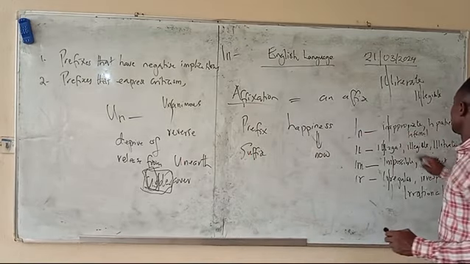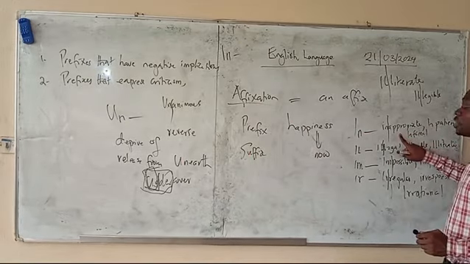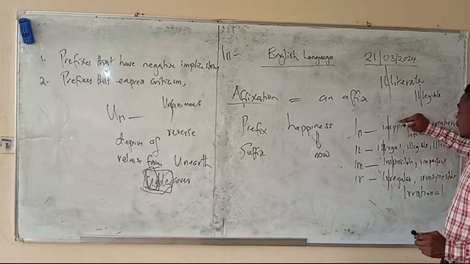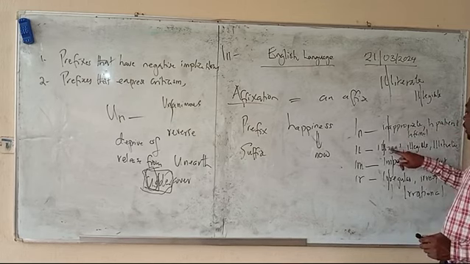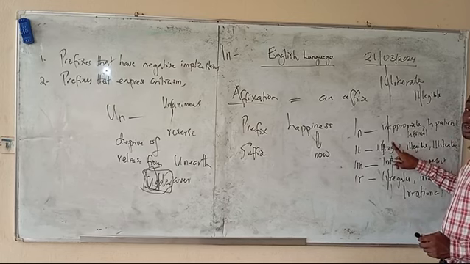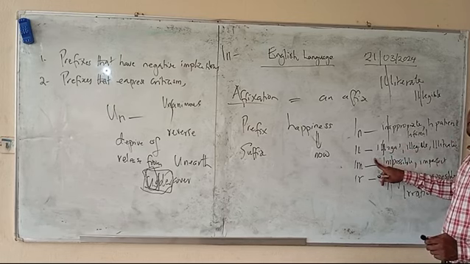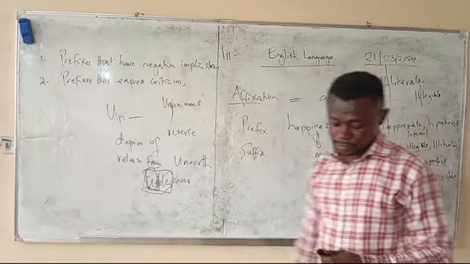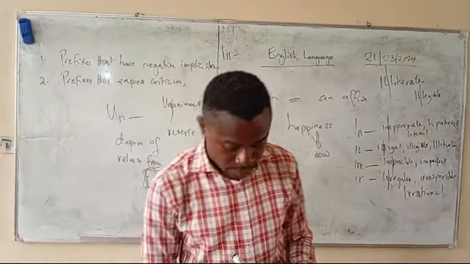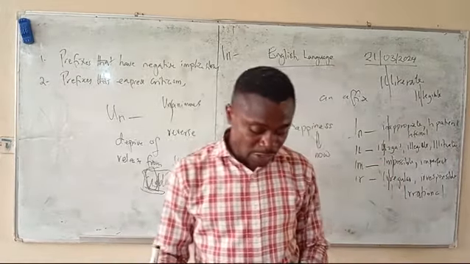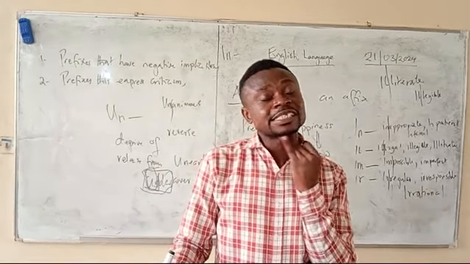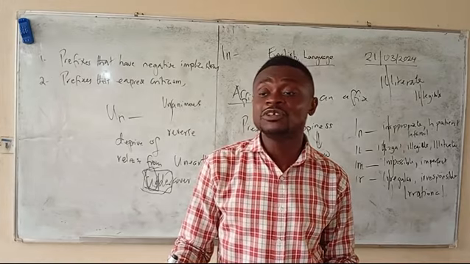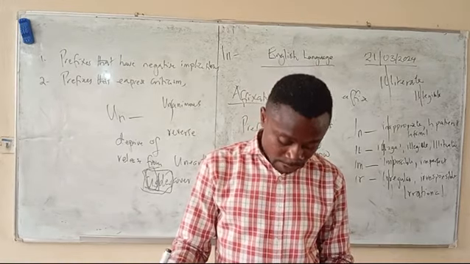Here, appropriate is the root word. This is the root word, and this is the prefix. Illegal. Legal is the root word. IL is the what? Prefix. Okay? So examples of such words that have almost the same meaning as the root word, even though they have in, are as follows.